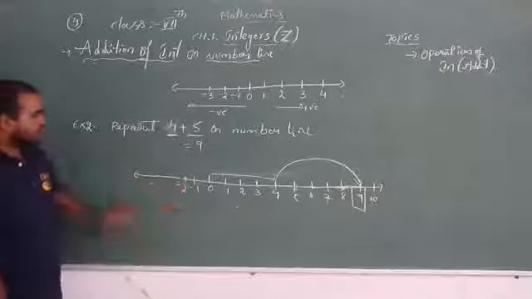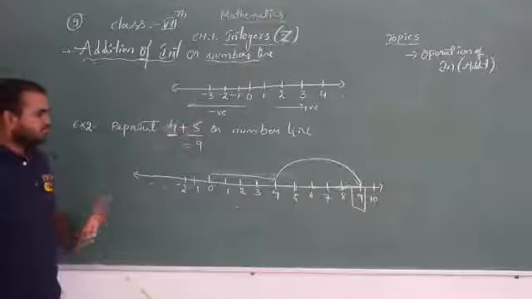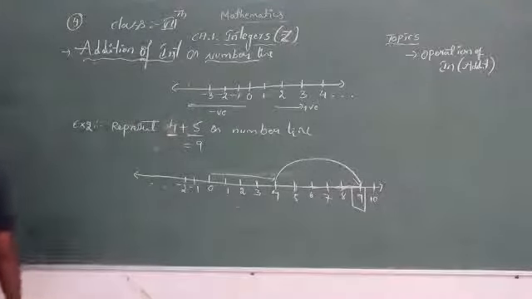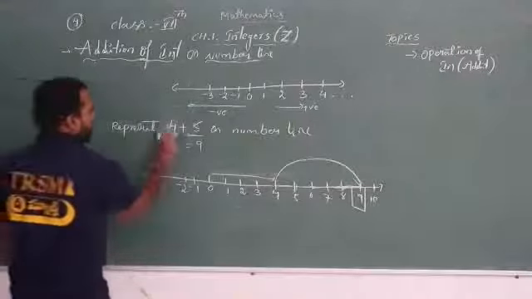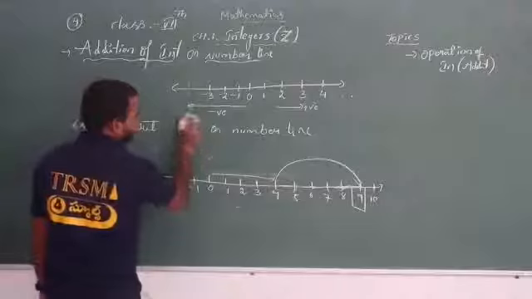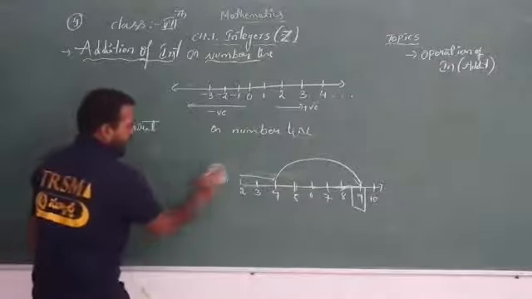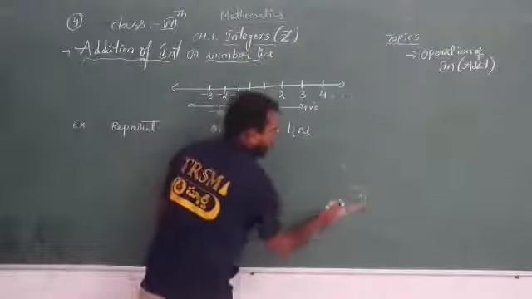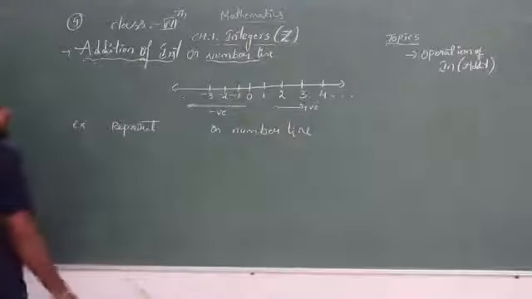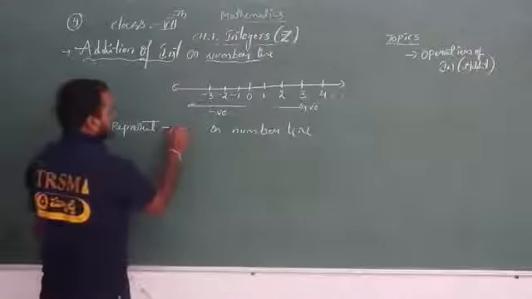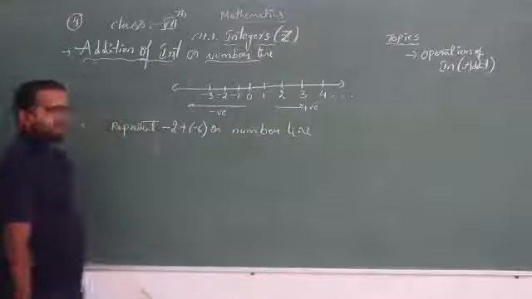Now we took examples where both numbers are positive. Let's see an example where both numbers are negative. Example 3. You have to understand the difference between how to add positive numbers and how to add negative numbers.